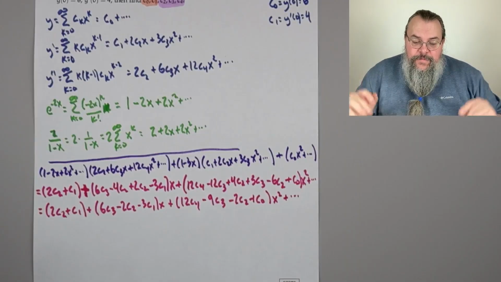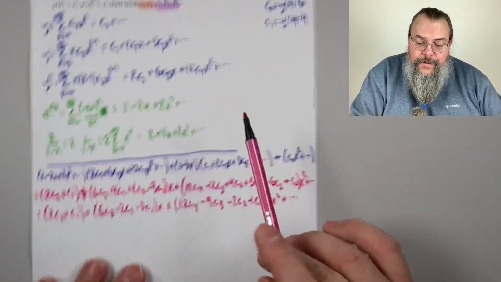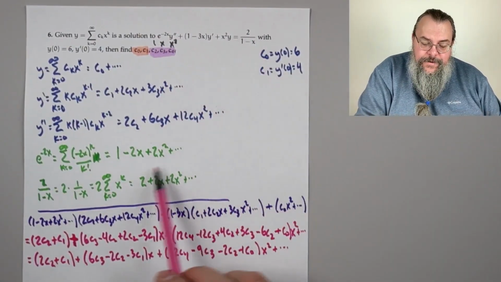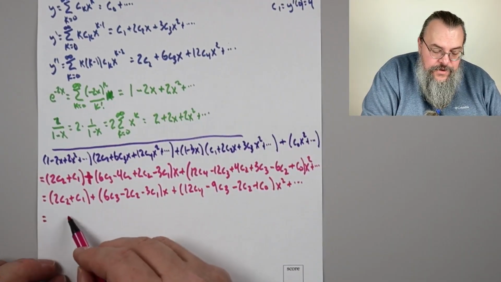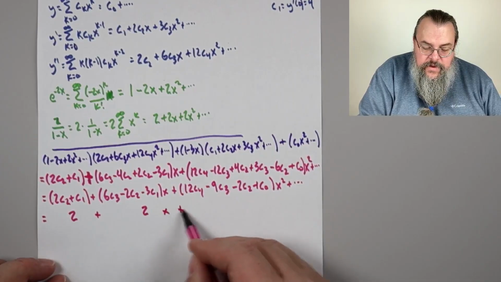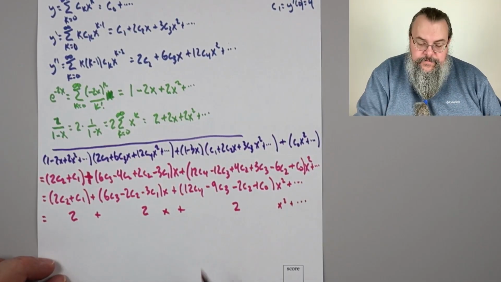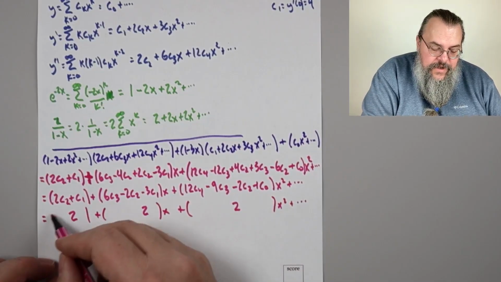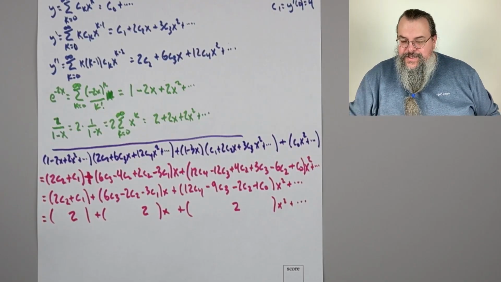Now, remember, that's the left-hand side equals the right-hand side, which equals 2 plus 2x plus 2x squared and other stuff. All right. Well, that's great. So what does that tell us? Well, it gives us a series of equations.